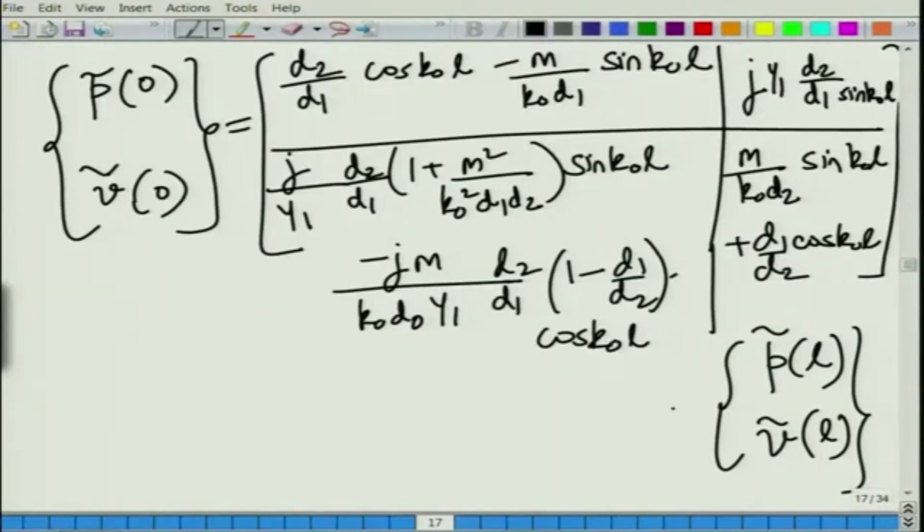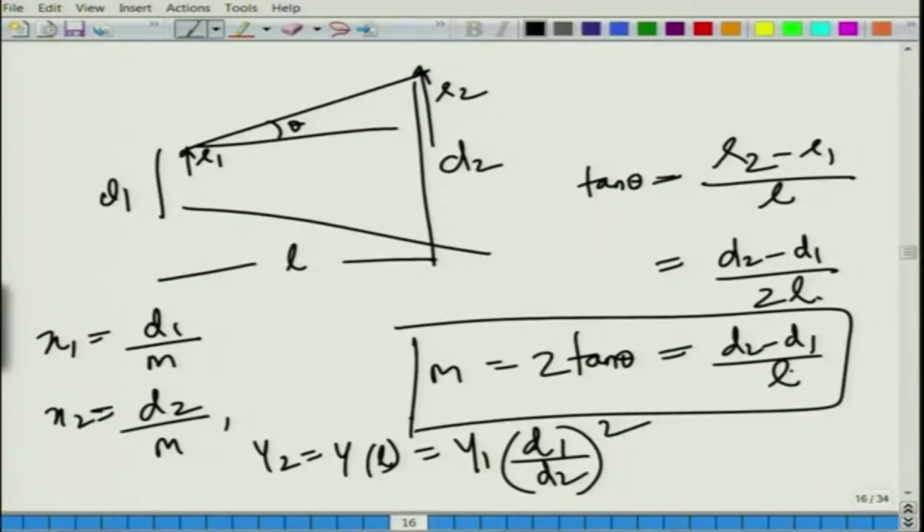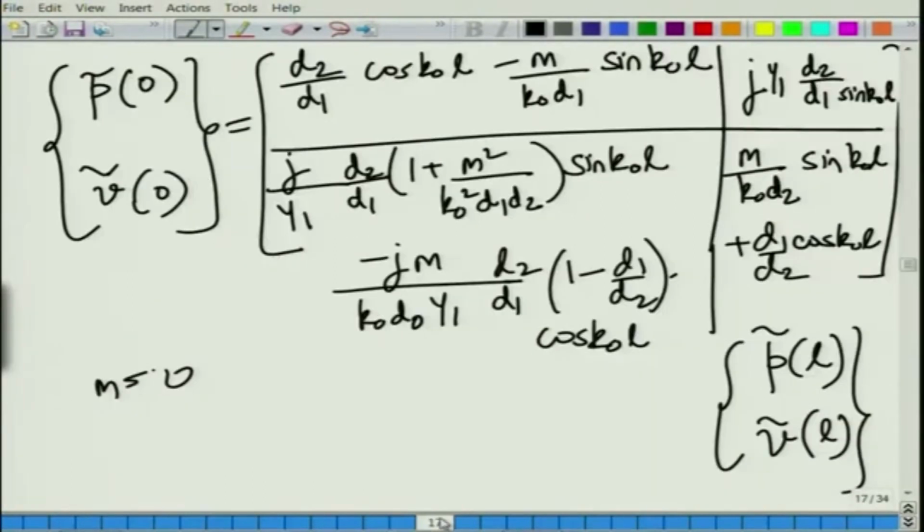So, this is the transfer matrix for a conical duct. Now, here we have m, the slope, or twice the slope. When m is 0, it is very easy to see that d2 becomes d1. So, in that case d2 by d1 is 1, and this term would go away, and so would all the terms pertaining here, and this would be unity.